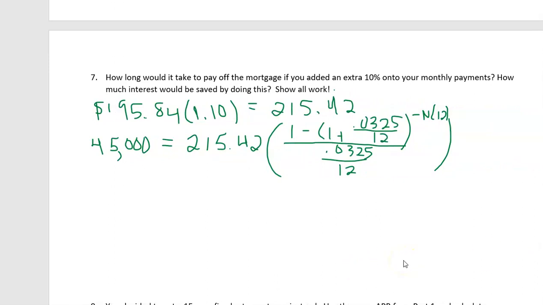All right, now we can cheat just a tad. I'll show you what I mean by that. So I'll rewrite all of this.